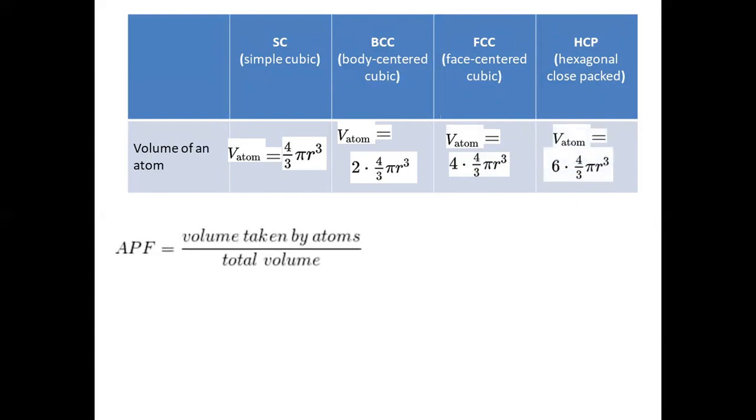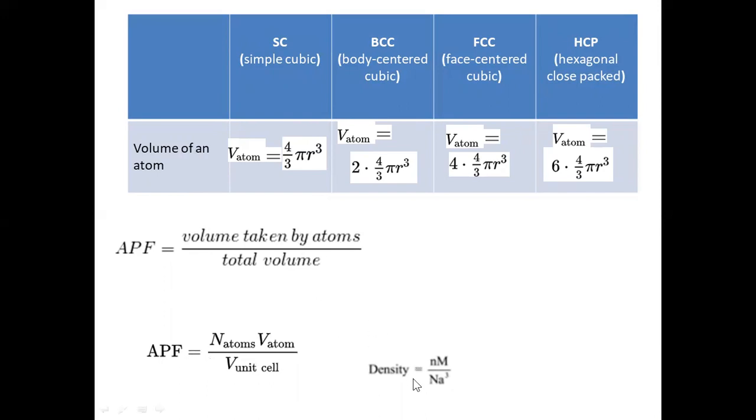And remember that APF stands for atomic packing factor. It is calculated as the volume taken by atoms over the total volume of the unit cell. If we expand this formula, the atomic packing factor, APF, is equal to the number of atoms times the volume of the atoms, over the volume of the unit cell.